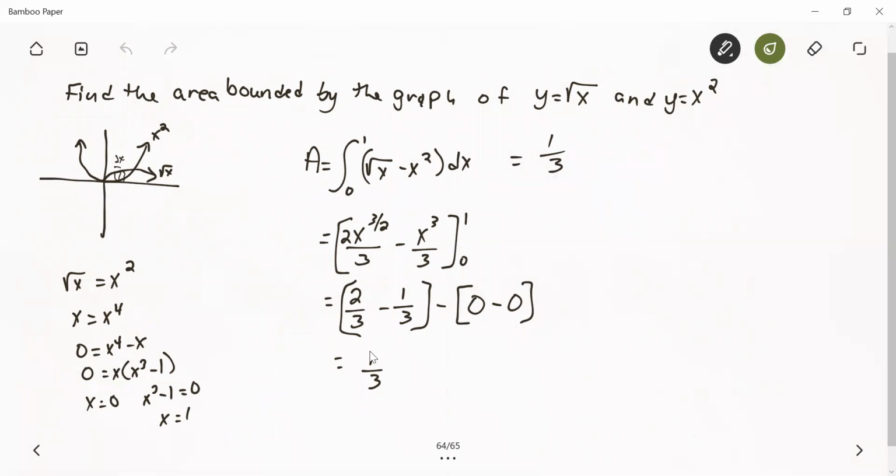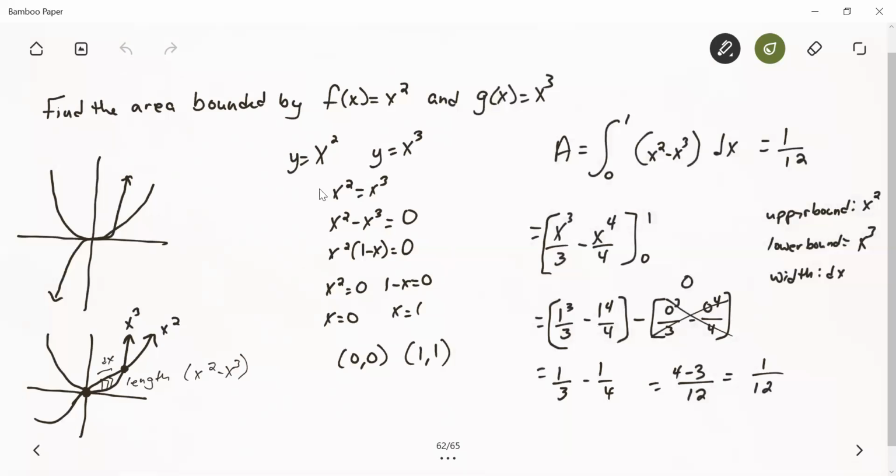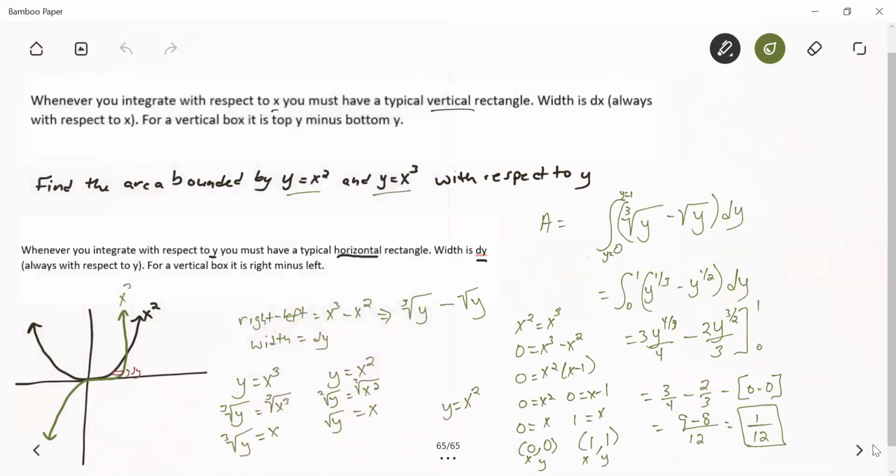So notice here, I'm sorry, that's y equals x squared. Did I do x cubed? Yes, here we go. Okay, so I had 1/12 for f of x equals x squared and g of x equals x cubed. Okay. Again, if you notice with that last problem, I did not specify with respect to x. So if I don't specify whether it's with respect to x or with respect to y, you can do either.